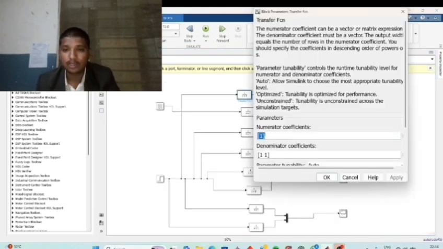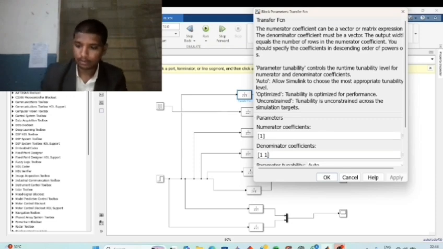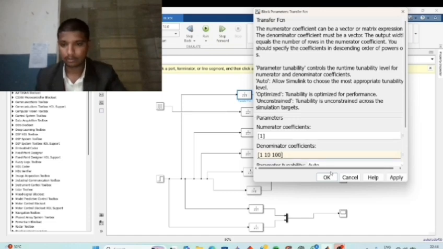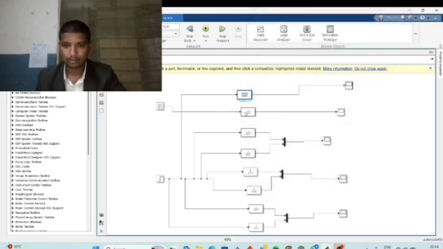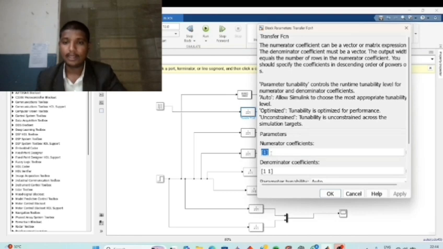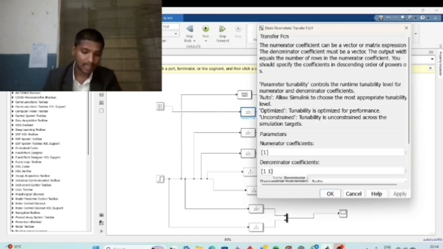In the first transfer function, we take numerator coefficient as 1 and denominator coefficients as 1, 10 and 100. In the second transfer function, we take numerator coefficient 1 and denominator coefficients 1, 10, 100, same as the last.